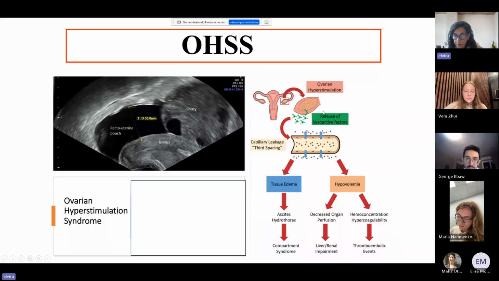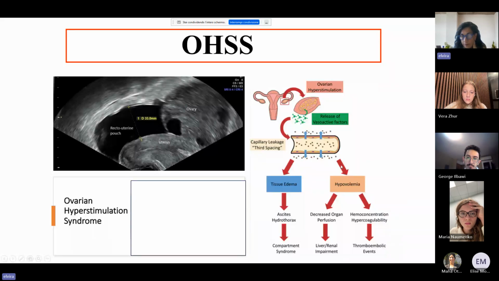As you can see here, we have, first of all, a release of vasoactive factors that determine a capillary leakage in the so-called third space, meaning outside vessels, with tissue edema that can lead to ascites, hydrothorax, and in the most severe forms of the syndrome, to a compartment syndrome.